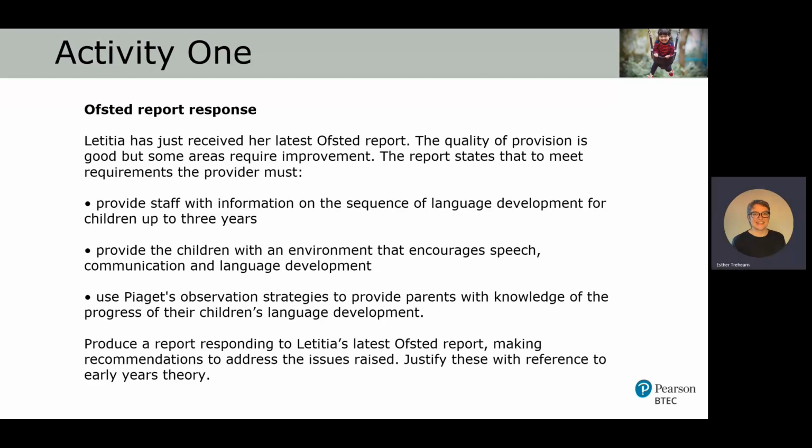Some learners tended to name as many theories as possible without any direct link to the requirements of Activity 1. For example, a learner providing a response relating to Chomsky and the language acquisition device. Whilst this was an appropriate early years related theory, if there was no links to the information provided in the activity, then it was not credited.